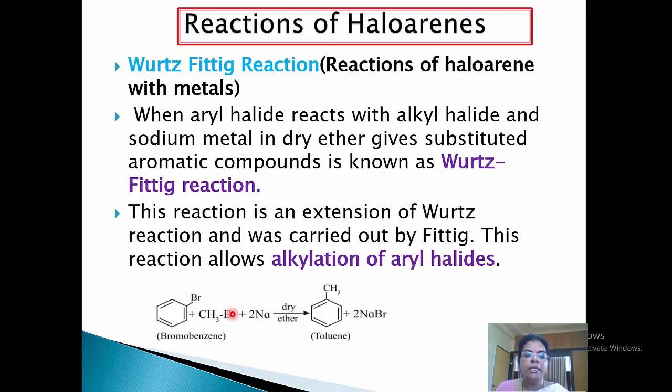This Br and this Br are removed with sodium, that is twice NaBr, and this CH3 gets attached to this benzene ring at the place of Br, and we get toluene, that is methyl benzene, C6H5CH3, plus 2 NaBr.